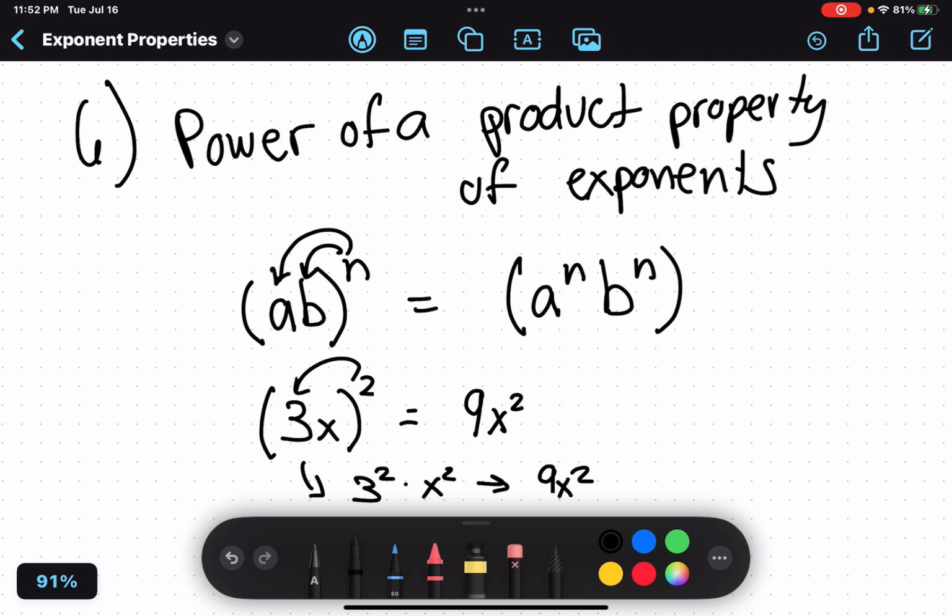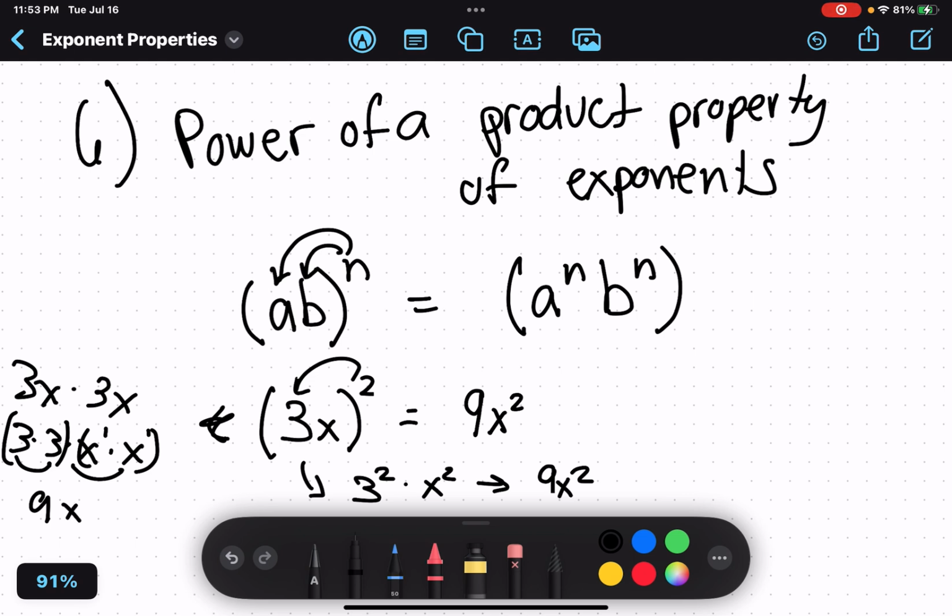And if we were to actually solve this regularly, 3x times 3x, this could be rewritten using the commutative property, 3 times 3 times x times x, associative property, 3 times 3 is 9, x times x, that's x squared because of a property we did earlier, the product property of exponents, because this is technically x to the 1 times x to the 1, and that's x to the power of 1 plus 1, which is equal to x to the power of 2. Boom.